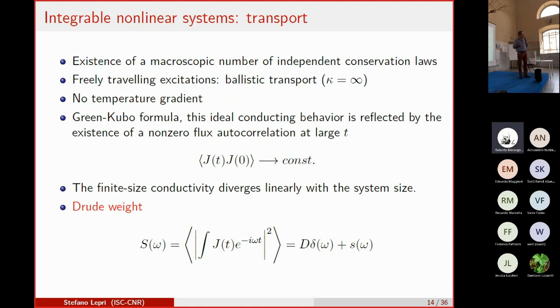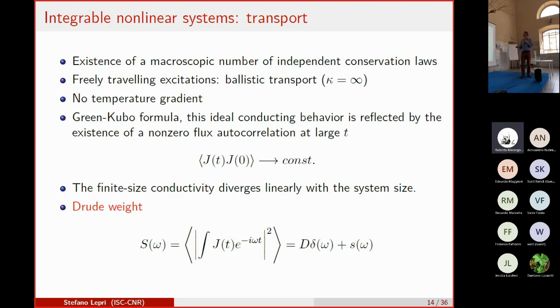So, from the point of view of transport, what is the main feature? I said that integrable systems should behave more or less like free particles, right? So it should be ballistic transport. You should have particles that travel from one side to the other. So how does this manifest in the statistical description of the system?